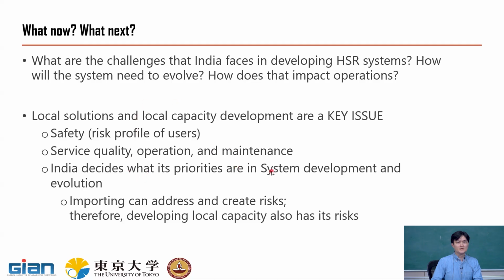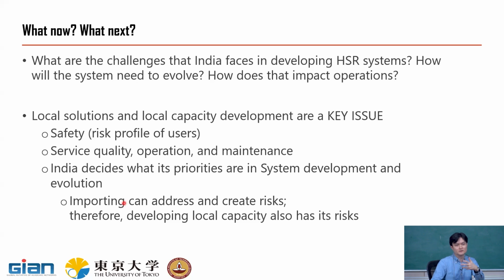India is going to have to decide on its own what it needs to develop and how the system needs to evolve. A specific example that's easier to understand is: right now, do you import the technology? Imports will have their own risks.